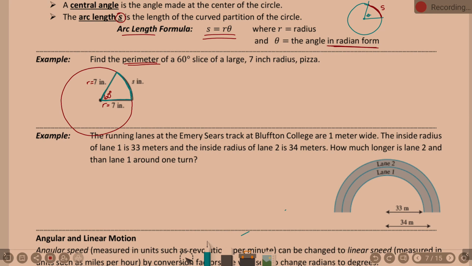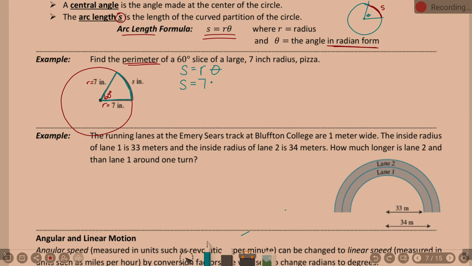But do we know S? No. Can we find S? Yes. How are we going to find S? We're going to use that arc length formula of r times theta. R is 7. Theta is? We need to find it. It's not 60, because that's not radians.